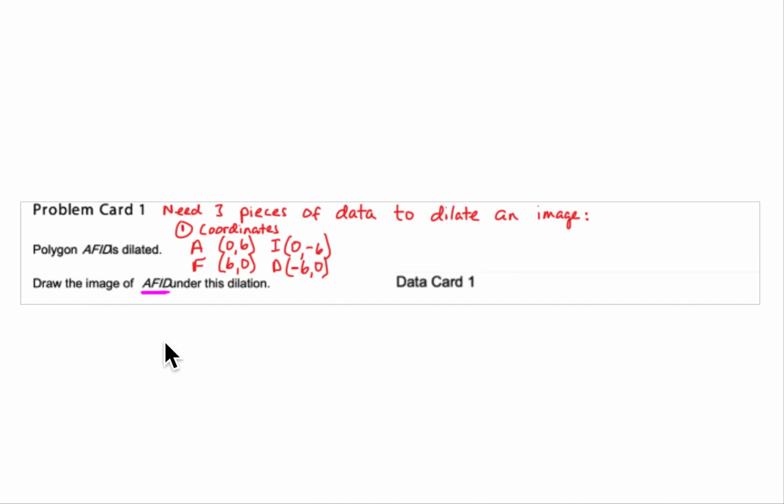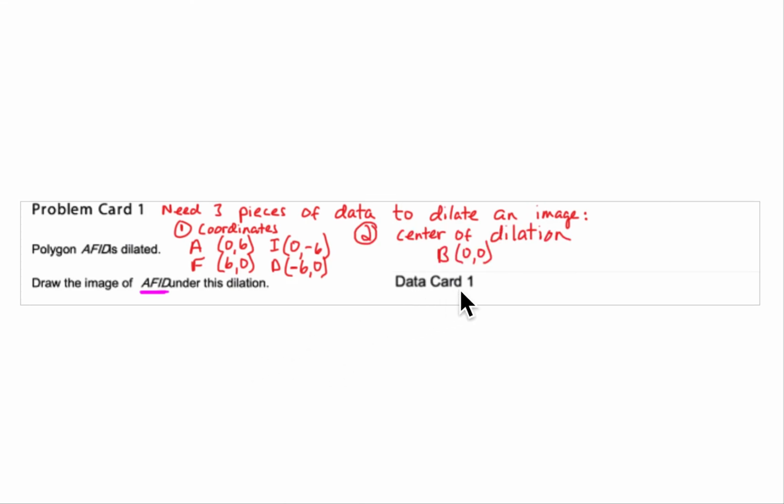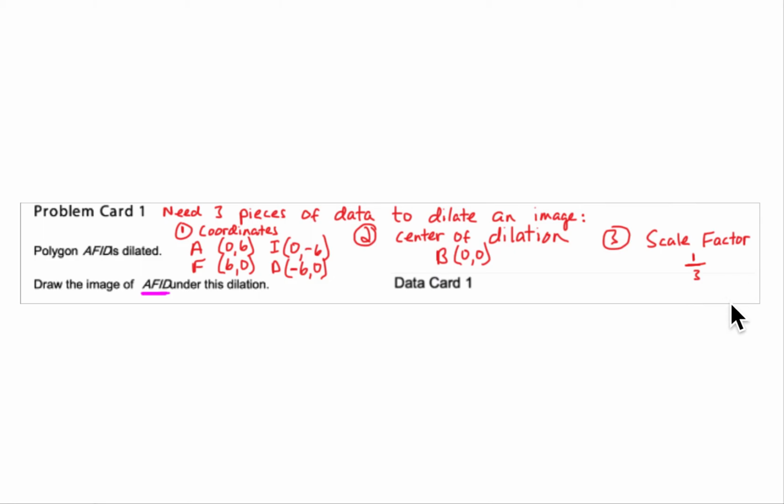They're just moving 6 units out. 6 units in the positive direction on the x-axis and 6 units in the negative direction. And the center of dilation is going to be the origin on the coordinate graph. It's labeled point B, and it's at 0, 0. So that is the origin. And the scale factor, as I mentioned earlier, is 1/3.